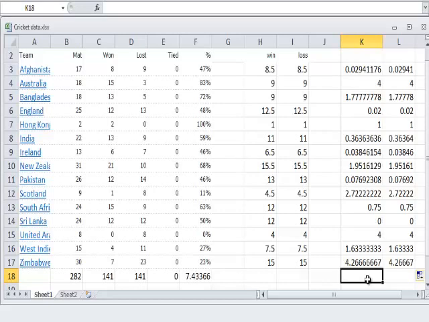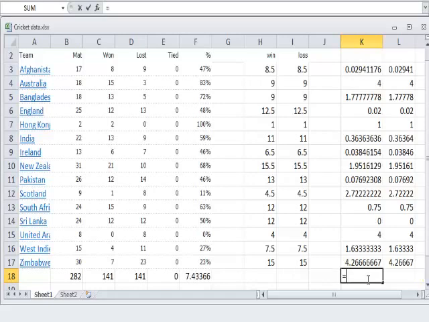So Zimbabwe, which lost 23 matches, is one outlier, and the second is Scotland, which lost 8 matches. West Indies, also 1.6. Bangladesh is also an outlier, 1.7, and 1.95 is New Zealand. So these are the big numbers.